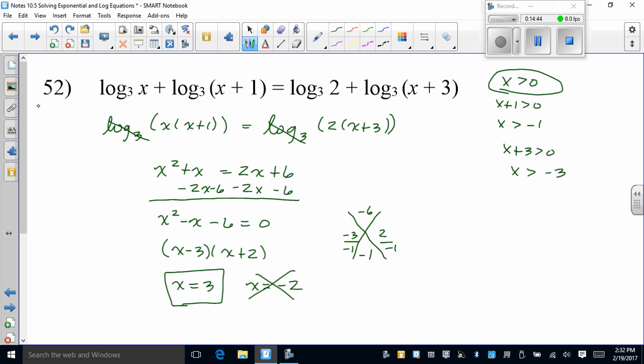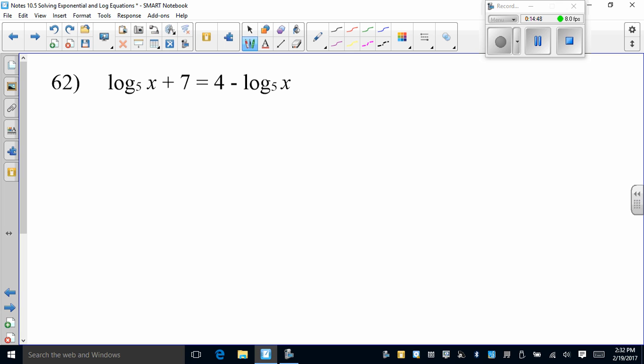There are a lot of these. Okay, x plus 7, this is what I was referring to, that the 7 is not in parentheses, so we assume it is not part of the log. So I'm going to move the logs over and the whole number back over. So subtract 7, add log base 5 of x, add log base 5 of x.